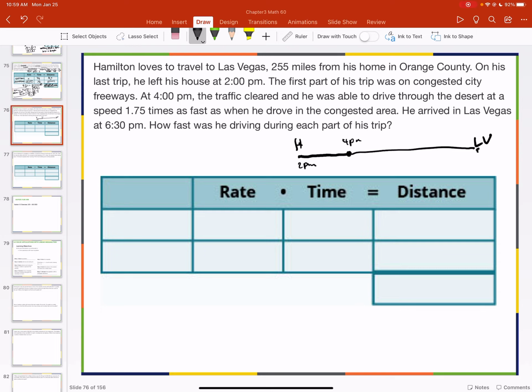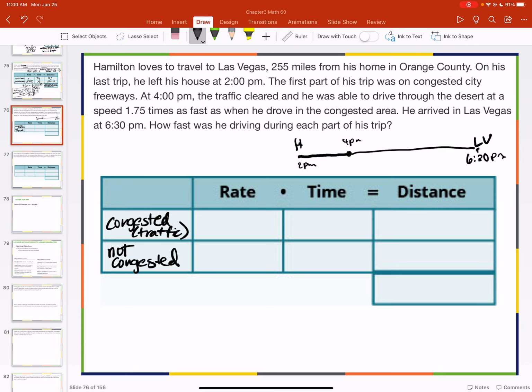And he ends up here at 6:30 p.m. So first we're going to talk about the congested part, meaning when he's driving in traffic. And then we're going to talk about the non-traffic area, or not congested part.